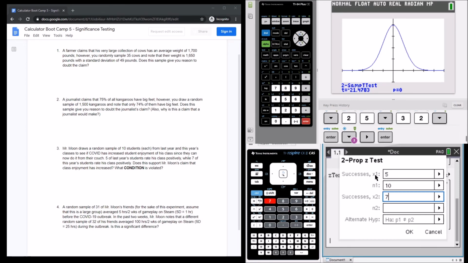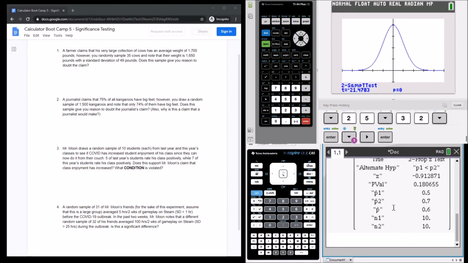This year, we had 7 successes out of 10 students, and our alternative hypothesis is that actually P2 is going to be bigger than P1, so P1 should be less than P2. Note that the question asks, does it support my claim that class enjoyment has increased, not class enjoyment has changed? So let's see what this looks like.